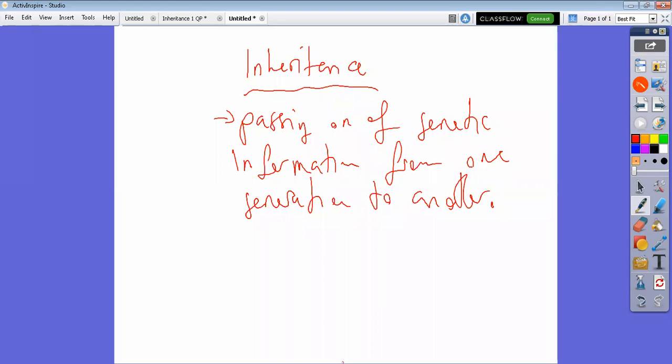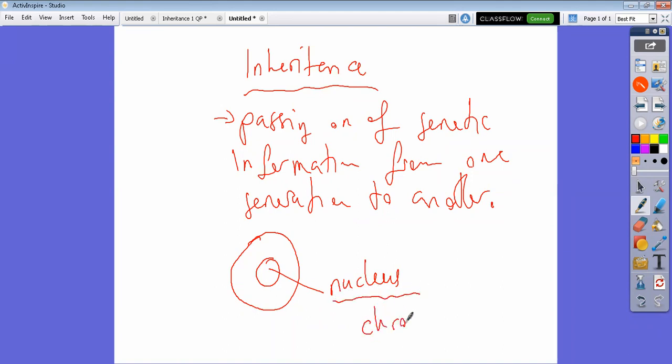How does that happen? Inside the cells, your human cells, you have your nucleus, which you know very well. Inside every human or animal cell there is a nucleus, and inside the nucleus we have what are called chromosomes.